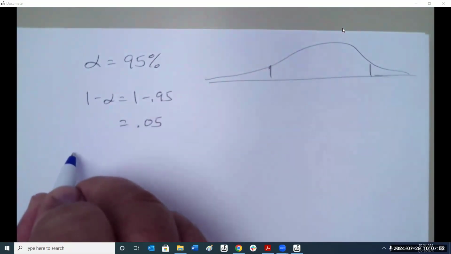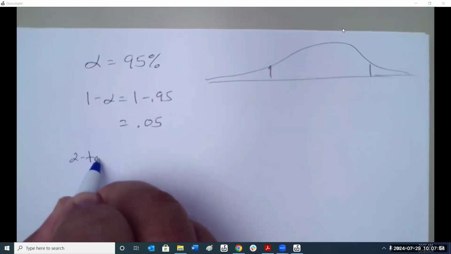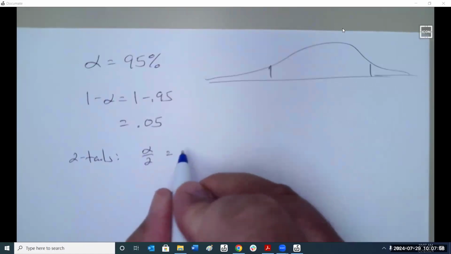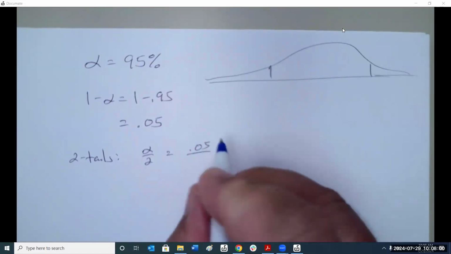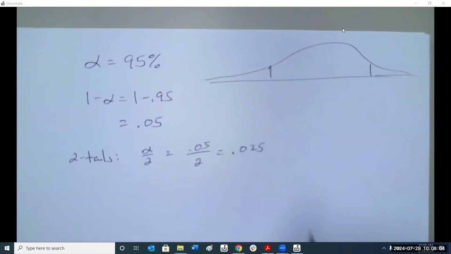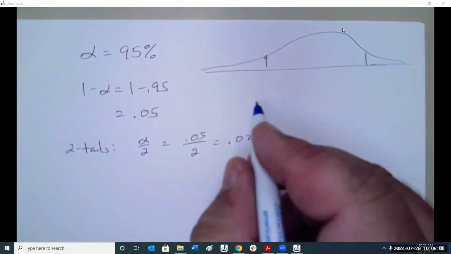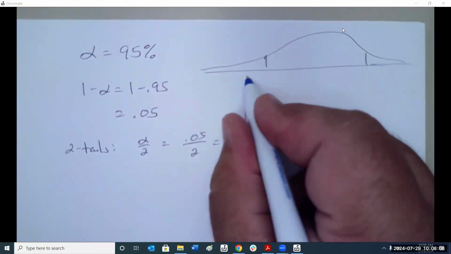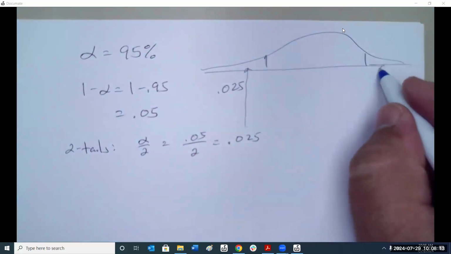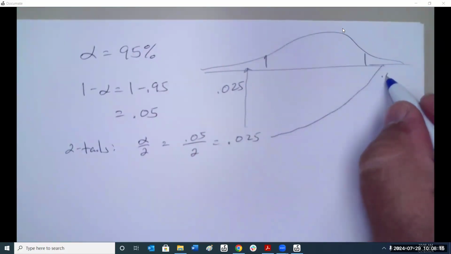Since it's two tails, we take alpha over 2, which makes 0.05 over 2 equal 0.025. So what that means is 0.025 is in there and 0.025 is there.